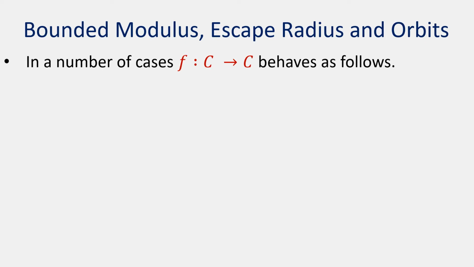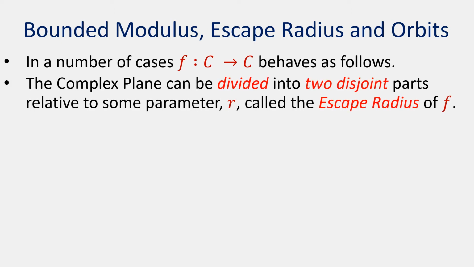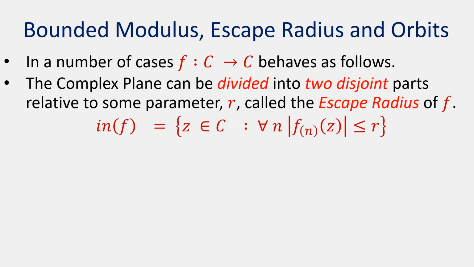So, why are these of interest? Well, what we find is they very often have particular behavior. They allow us to split the complex plane into two separate parts, and these parts are relative to some parameter which is called the escape radius of the function.